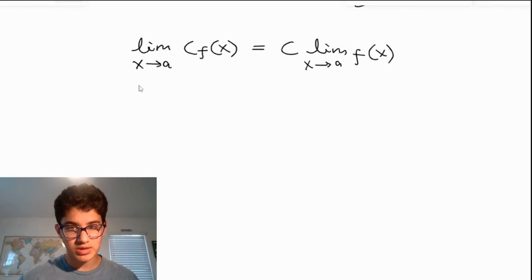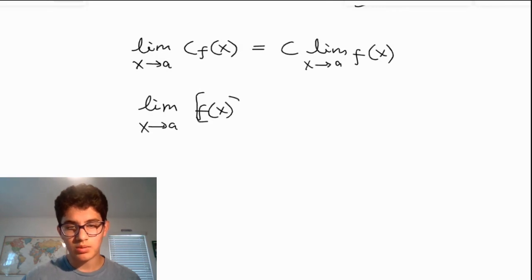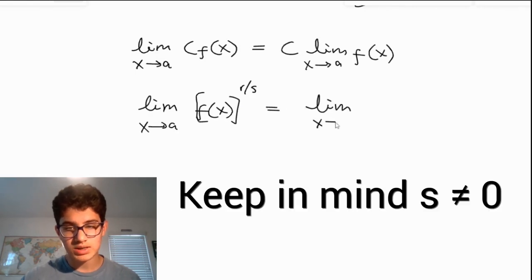And another one, now this is a very powerful one, okay? The limit, again as x goes to a, of f of x to some power r over s is equal to the limit as x approaches a of f of x, and you can raise the whole thing to the r over s power.